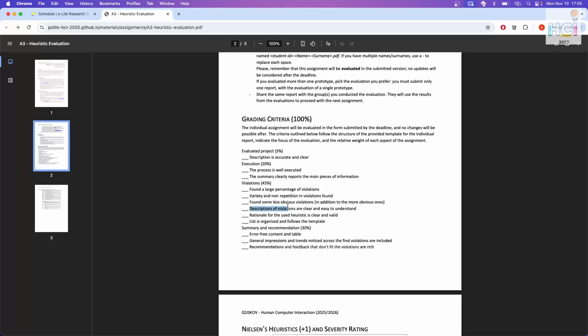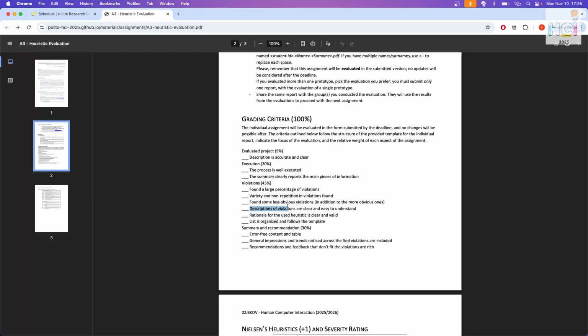So you will evaluate our evaluation on the prototype that we evaluated, right? But if we made some changes between the submission of assignment 2 and the... No, we will not look at the prototype, we will just look at your report. We will evaluate the quality of the violations and how they are written in the report, okay?